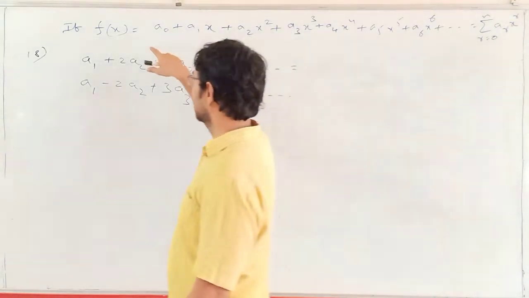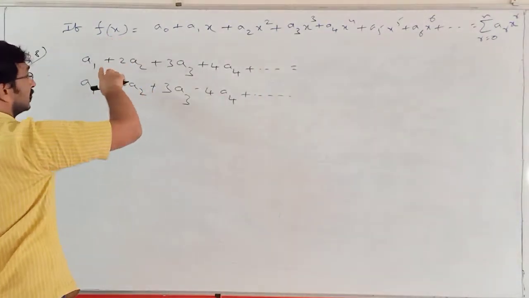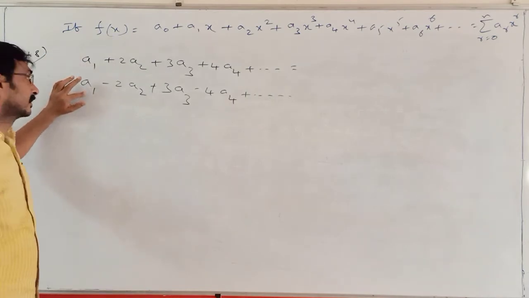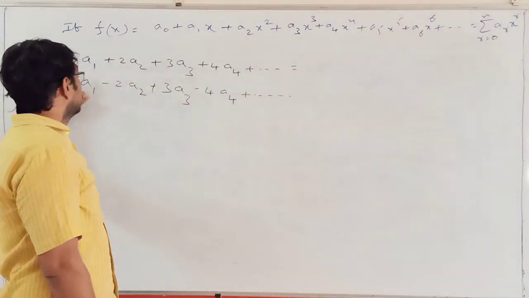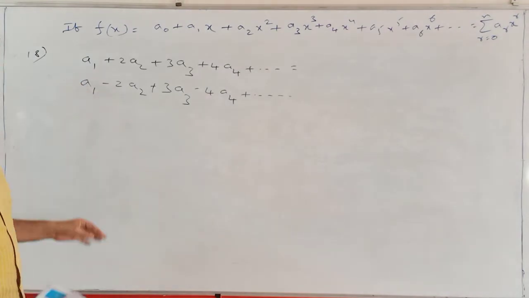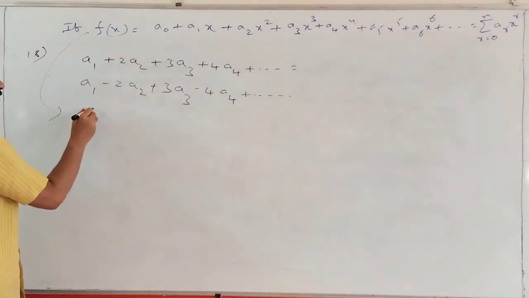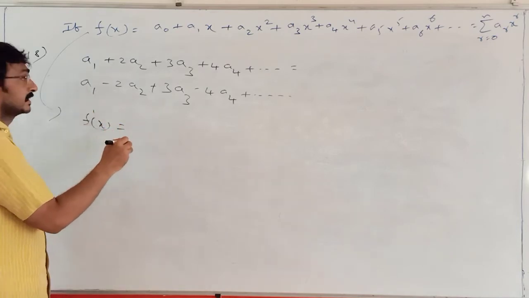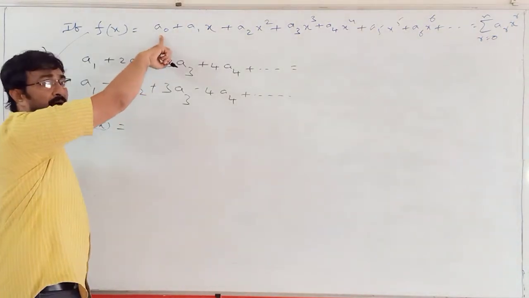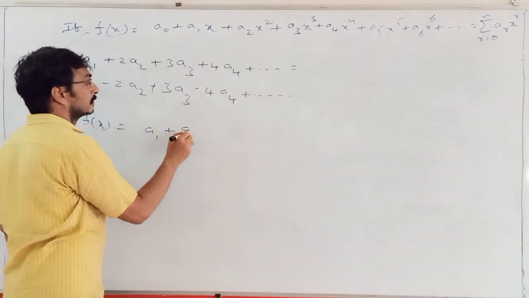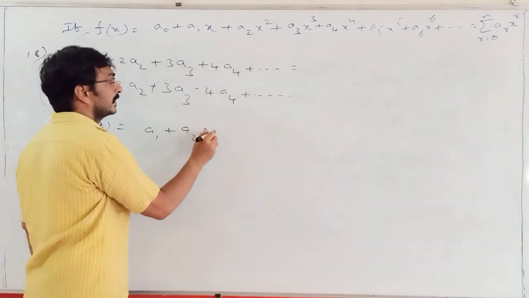Differentiate on both sides. Put x equal to 1, get the first one. The second one is obtained by keeping minus 1 in f dash x. See, differentiate on both sides. F dash x equal to derivative of constant term 0. Derivative of x is 1. Derivative of x square is 2x.